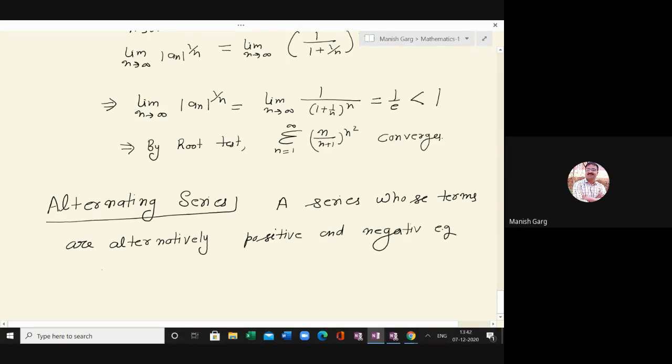For example, 1 minus 1 by 2 plus 1 by 3 minus 1 by 4, like that. Or this you can write as summation n equal to 1 to infinity, minus 1 to the power n minus 1, a_n. This is called an alternating series.